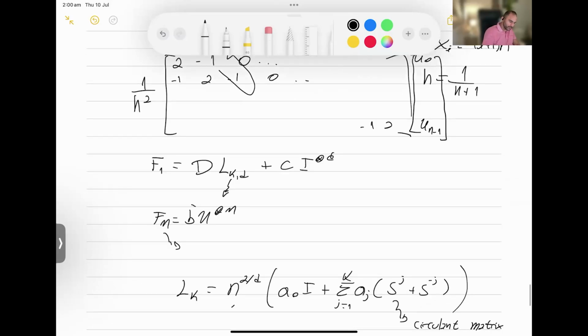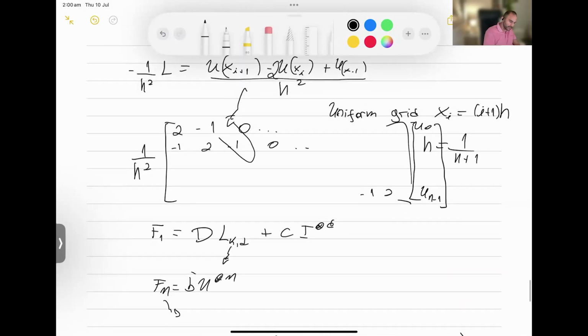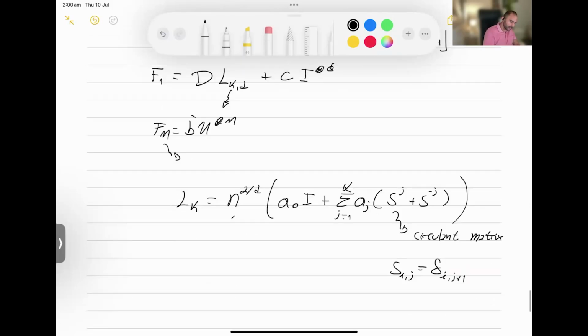So you have the -1 on both sides, from S_{j-1}, and the identity gives A0, which comes from the diagonal part. You can just find the right component element for A0. And there are actually methods to find the A_j's in general.